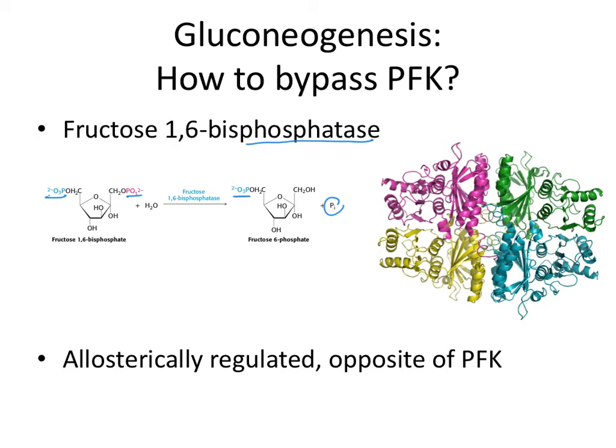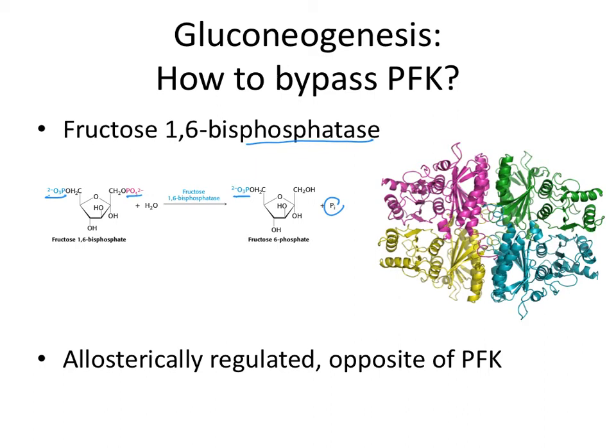Look at this beautiful allosteric enzyme. You can see it's got 4 identical subunits. It's a tetramer, and that even just structurally suggests that this is an allosteric enzyme. And it is allosterically regulated in a way that's opposite of phosphofructokinase regulation.